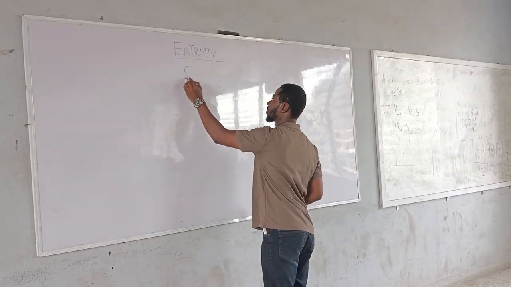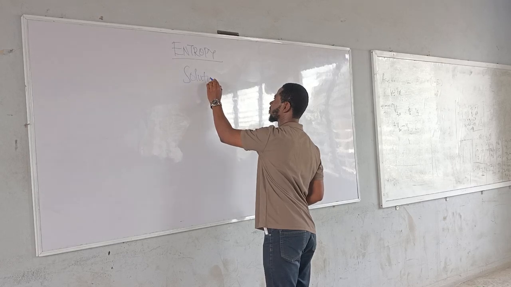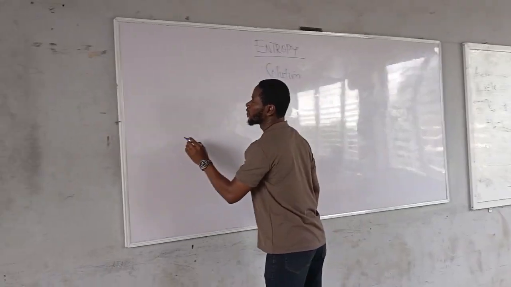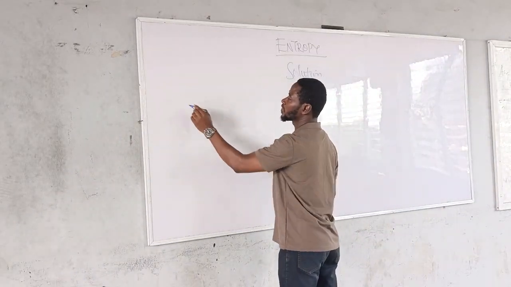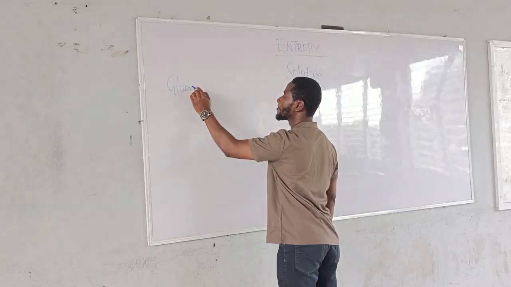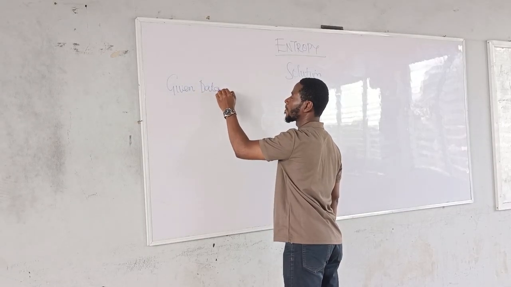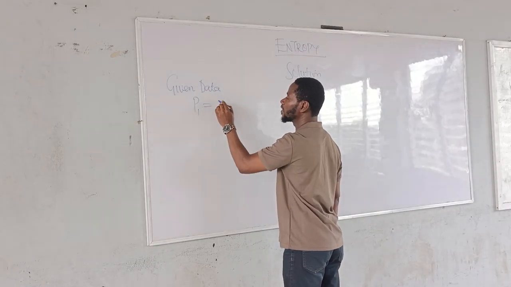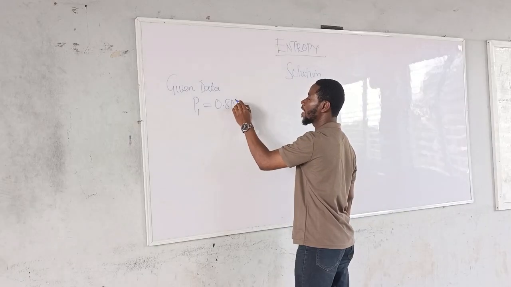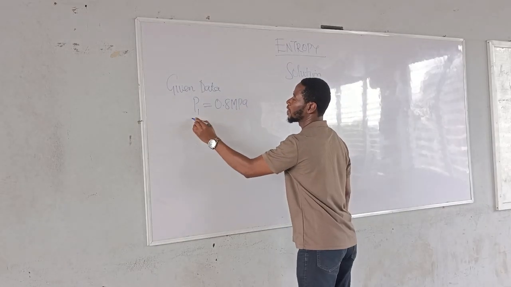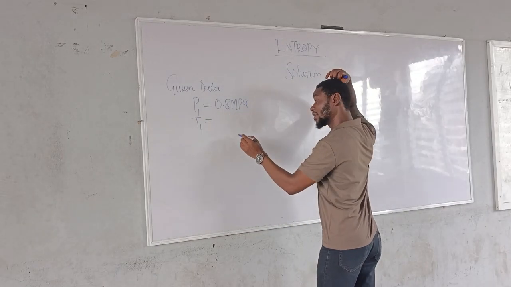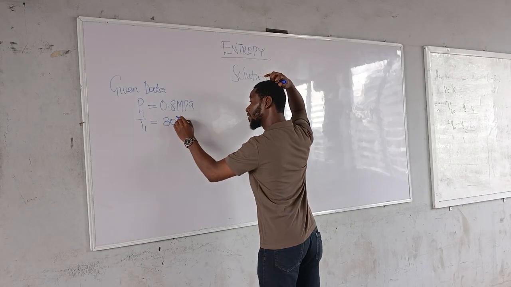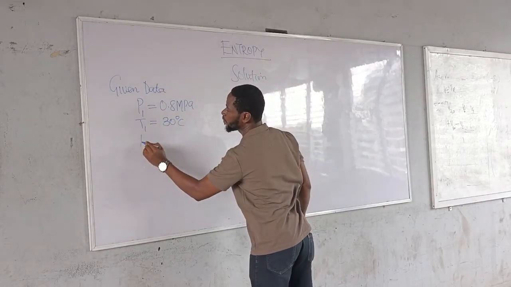Solution. Now let's bring out the parameters in the question, the given data. The initial pressure is given as 0.8 MPa. Temperature T1 is given as 30 degrees Celsius.